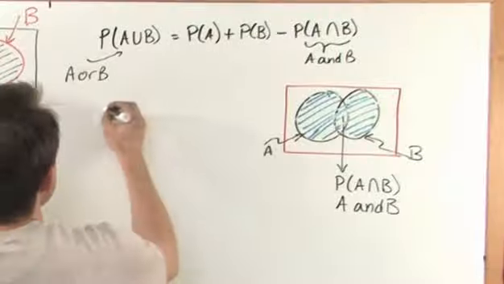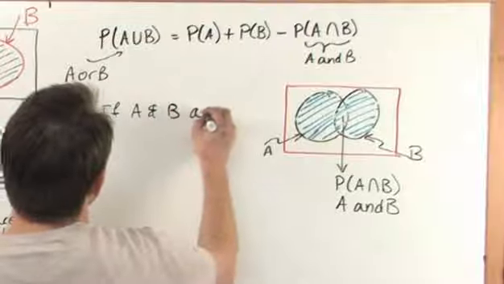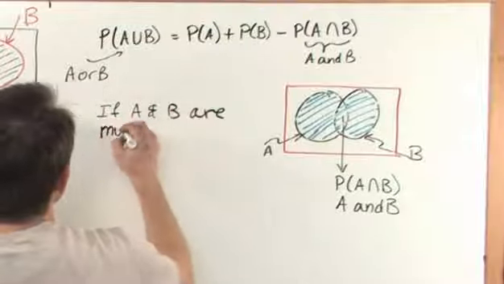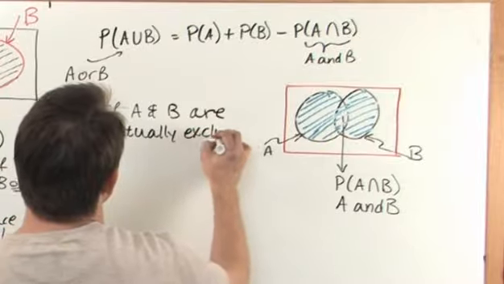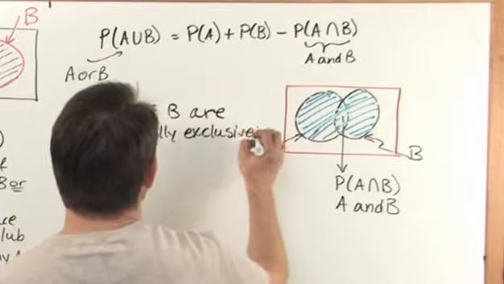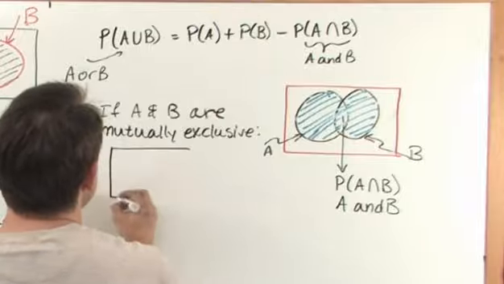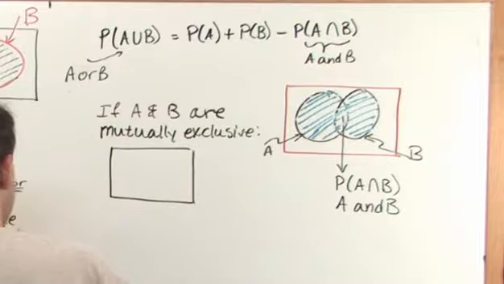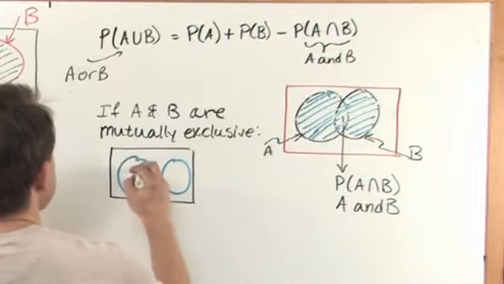If A and B are mutually exclusive, and what does mutually exclusive mean? Mutually exclusive means that if I draw a Venn diagram, then A and B do not intersect.